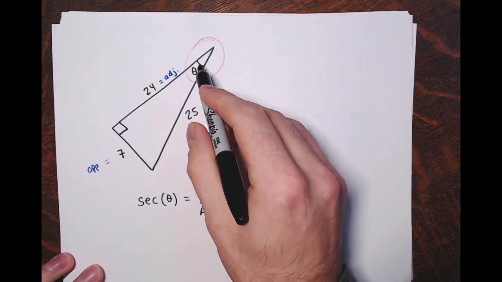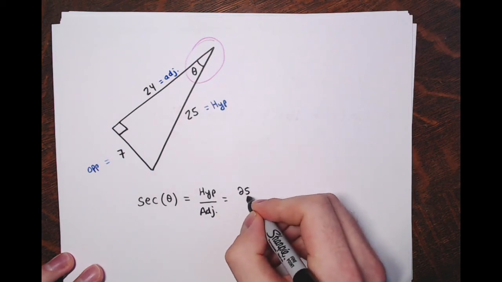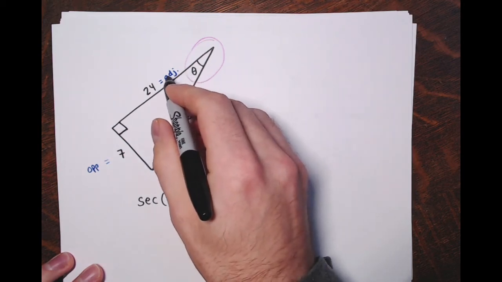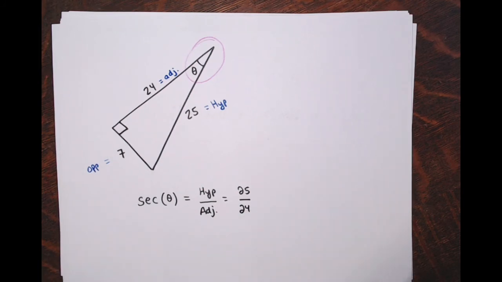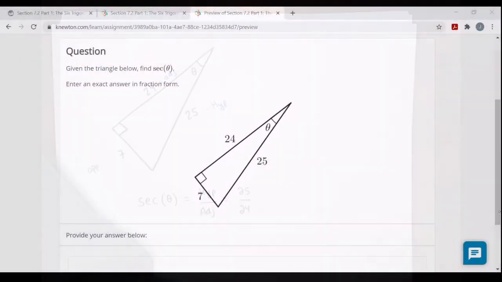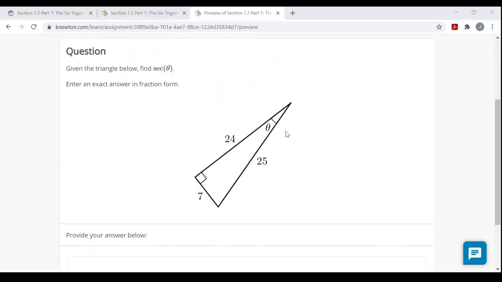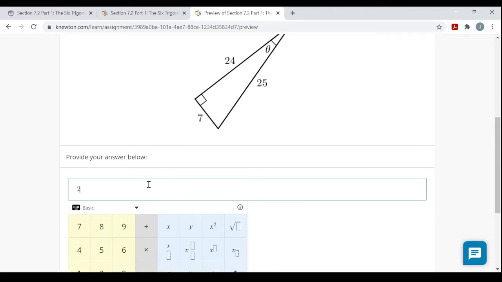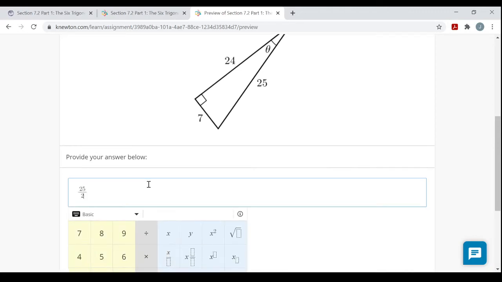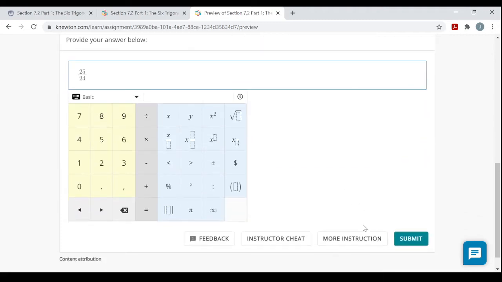The hypotenuse is 25 units divided by the length adjacent to theta, which is 24 units. And that's it, 25 24ths. This says enter an exact answer in fraction form, so just enter the fraction 25 24ths.